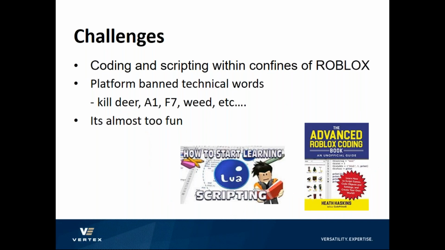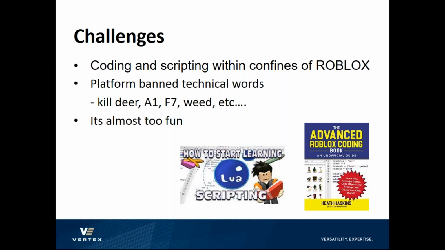Now, some of the challenges we had in developing the simulator, as with anything you try to do, especially coding and scripting within the confines of Roblox: even though you have endless possibilities, there's a big learning curve in how you code and script within Roblox when you're trying to fit your world into their world. A big thing with developing on Roblox, the platform banned a lot of technical words that we use, just because it is kid friendly.